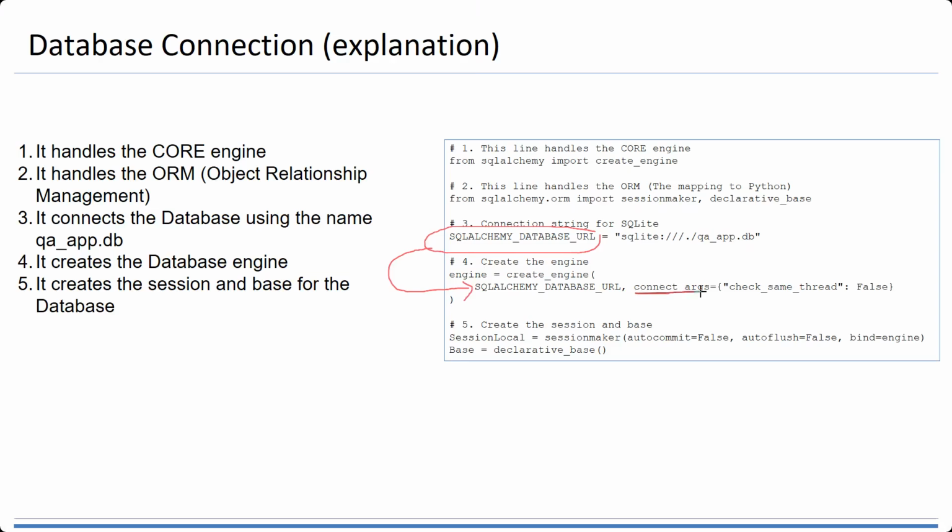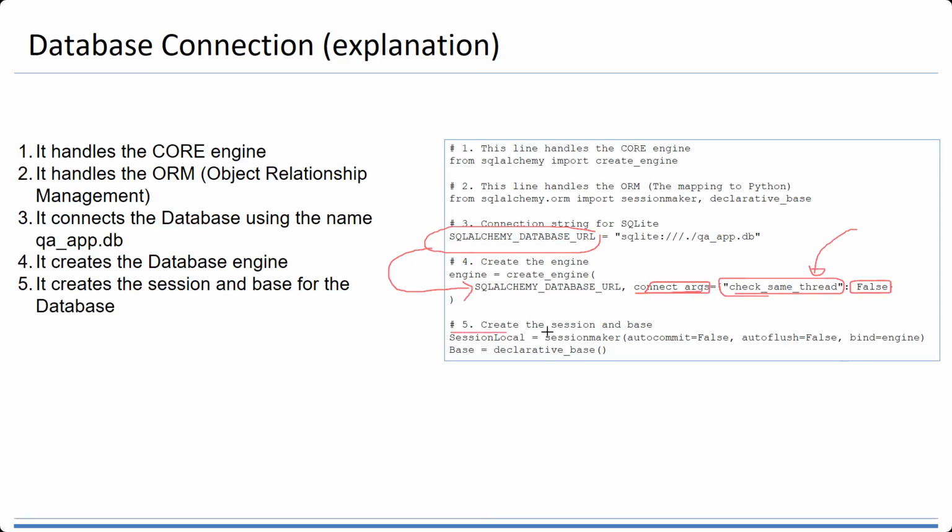This connection should have some parameters, or we call them arguments. check_same_thread, let it be false. This is just a parameter to make sure that you have only one connection to the database.